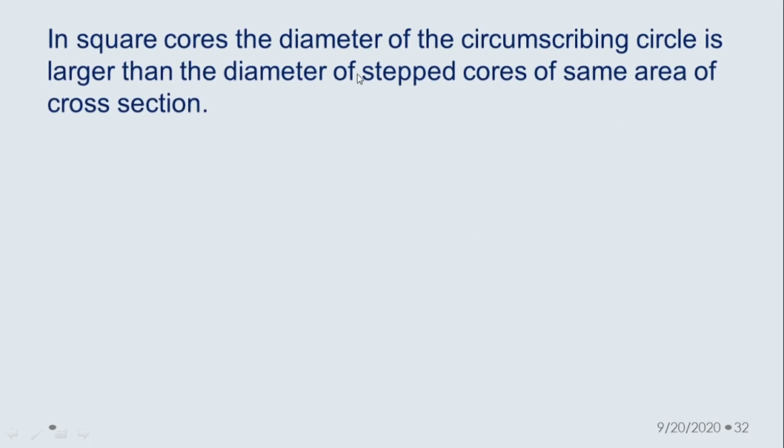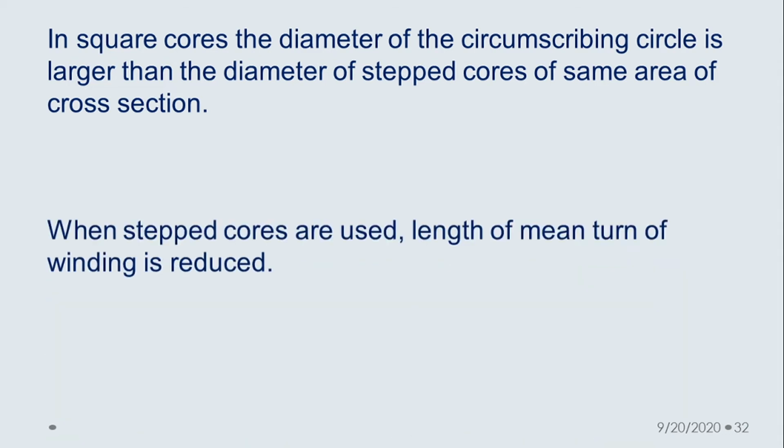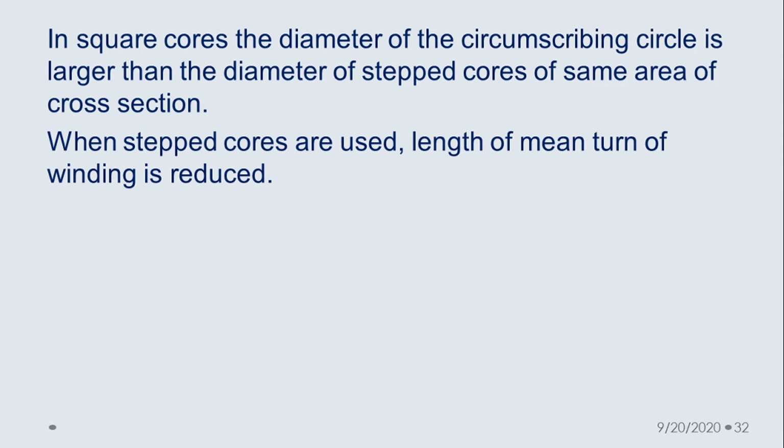In square cores, the diameter of the circumscribing circle is larger than the diameter of stepped cores of the same area of cross section. If you choose the same area of cross section for square core and stepped core, then the diameter of the circumscribing circle in square cores will be larger than in stepped cores. When stepped cores are used, the length of mean turn of the winding is reduced.